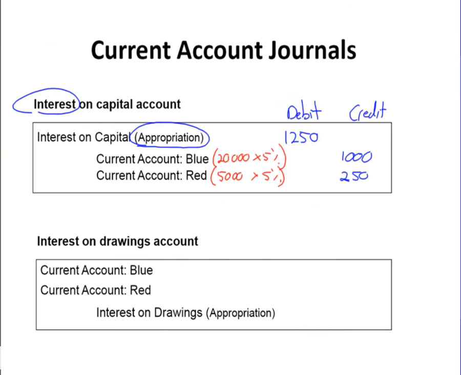So here we're debiting the current account, remember, because the drawings account has a debit balance, right? So 320 and 80. We're making the current account smaller, and the full 400 interest goes to the appropriation account, not to the interest or other income. Okay, it doesn't go to statements of profit or loss.